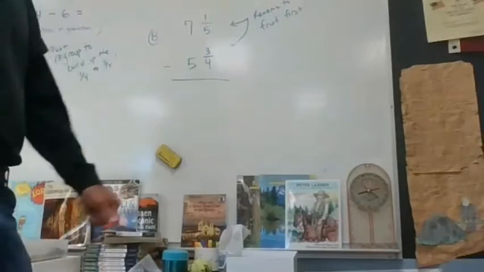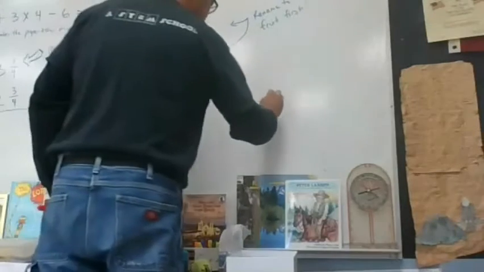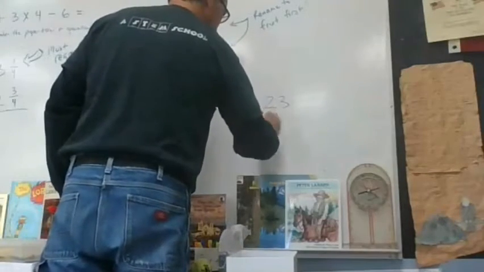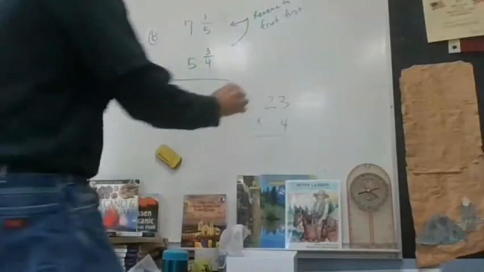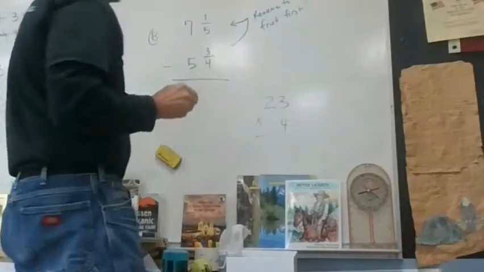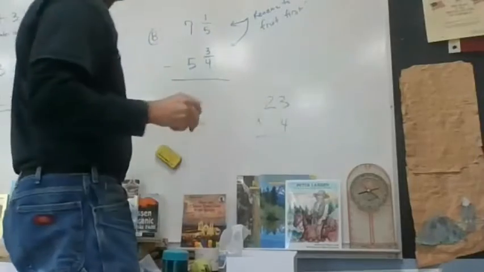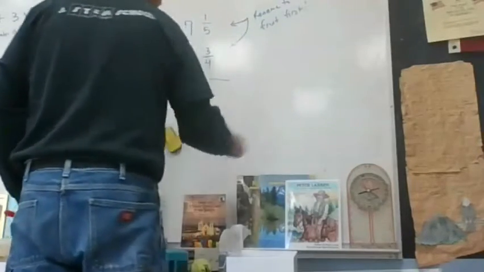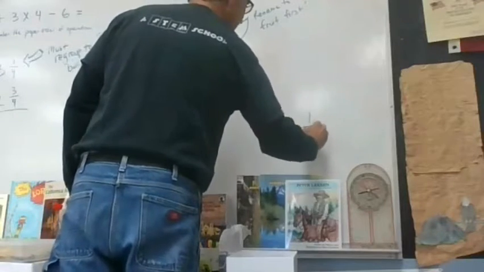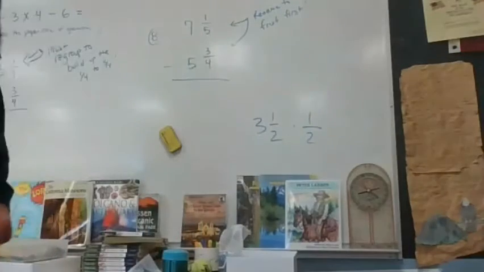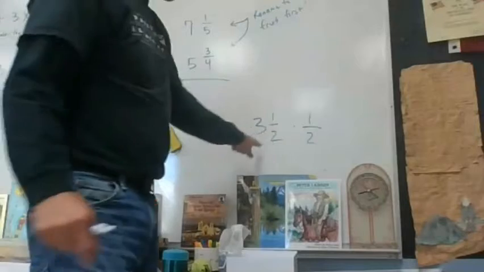Now, one more thing about multiplying with fractions. If I were going to multiply 2 and 3 times 4, okay, I'm going to be multiplying the 4 times the 3 and the 4 times the 20, right? Now, when we multiply with fractions like this, check it out. We got a mixed number here.